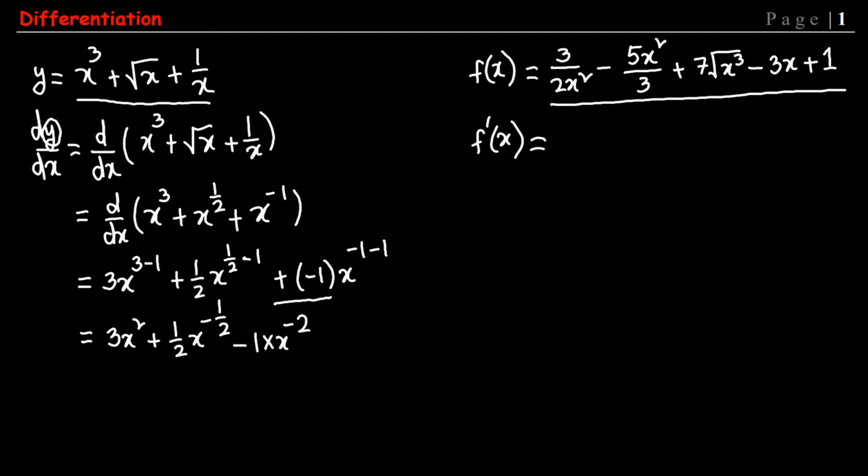So in another form we can write it, say 3x square, then the next one is 1 by 2 root x, because as a negative power of half, x to the power negative half, we can write it as 1 by root x. Then the last one we can write as usual 1 by x to the power 2. So this is our simplified form of this differentiation. We can leave our answer here.